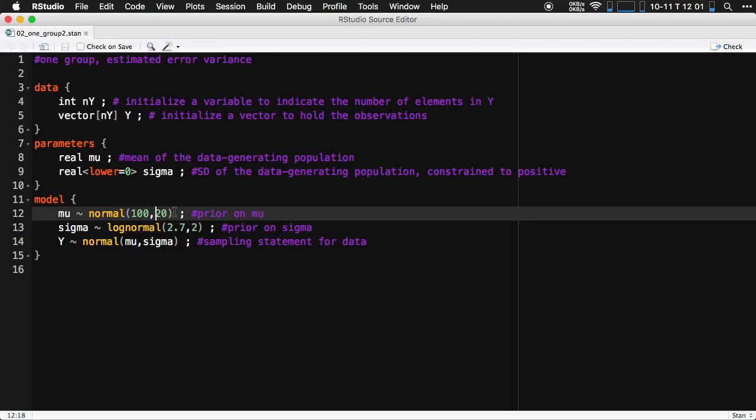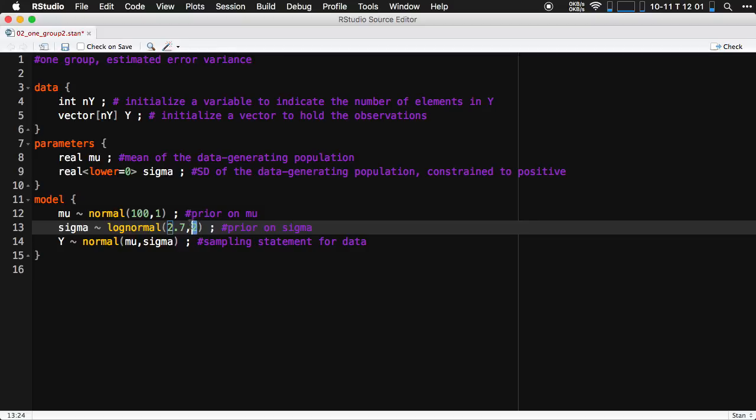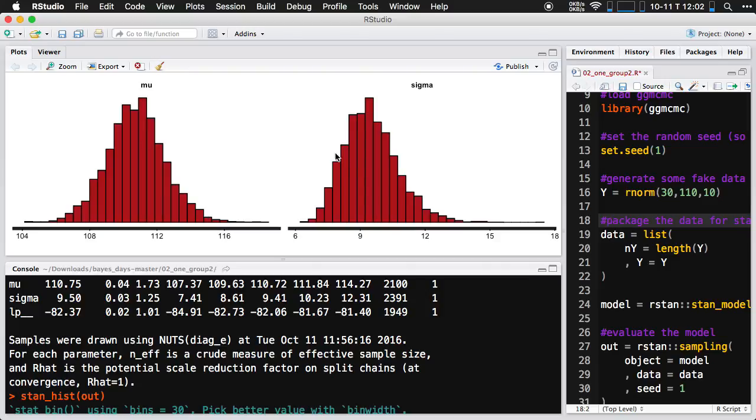Let's rerun it with these being super certain. So I'm going to say a normal distribution with a standard deviation of 1 there. And let's say, I don't know, 0.1 here. So I need to resave that and then come back over here and recompile it.